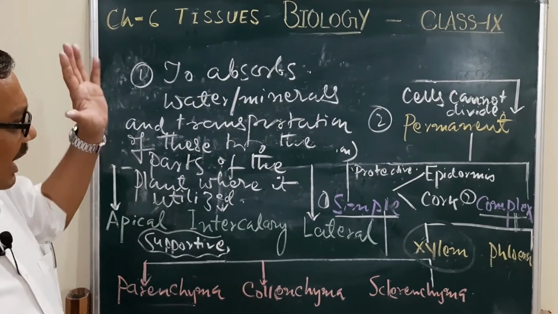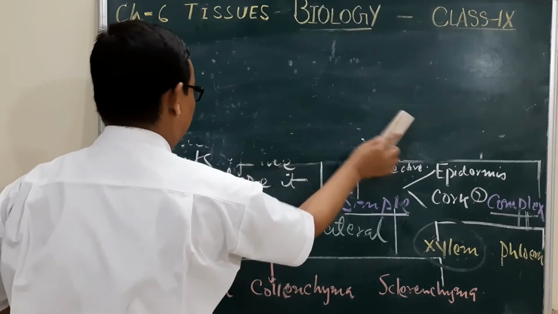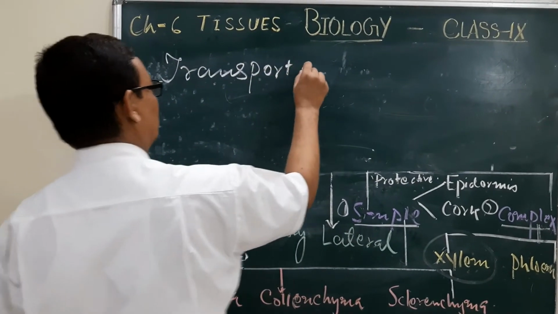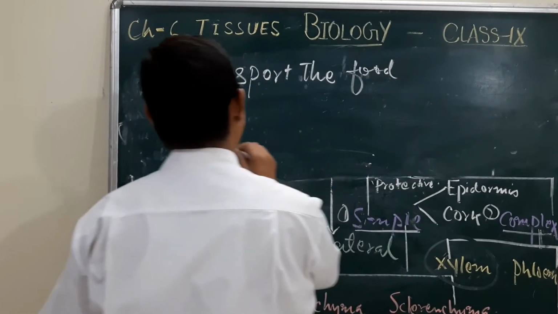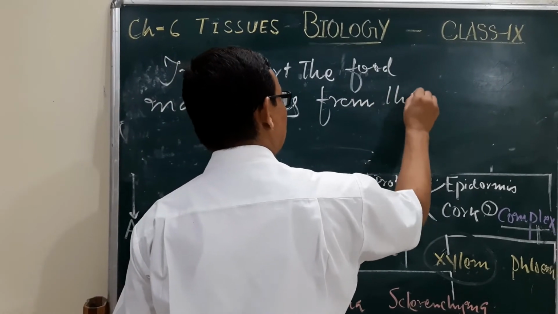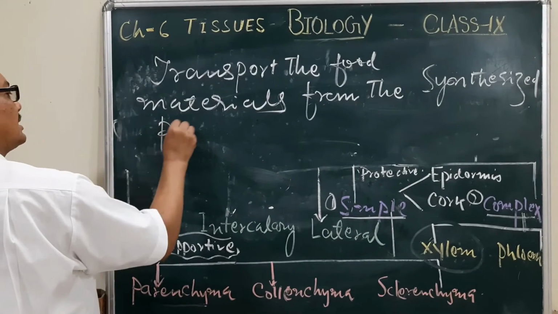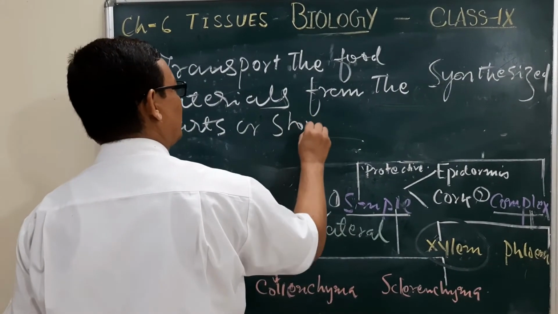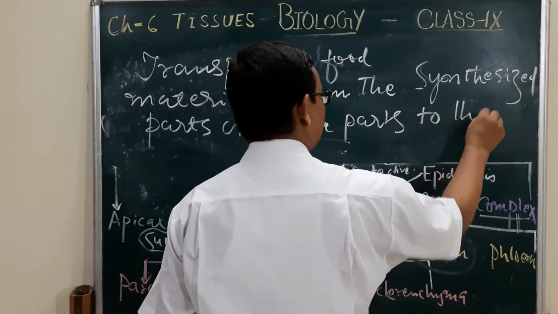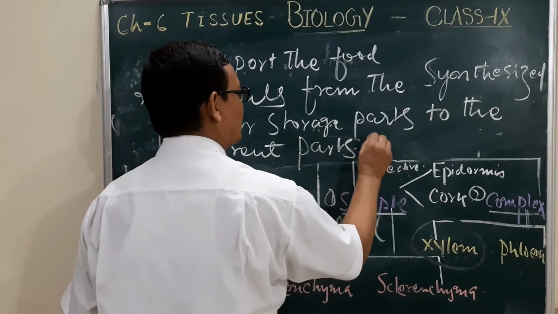And the second important purpose of the transportation system in the plant body is to transport the food materials from the synthesized parts or storage parts to the different parts of the body.